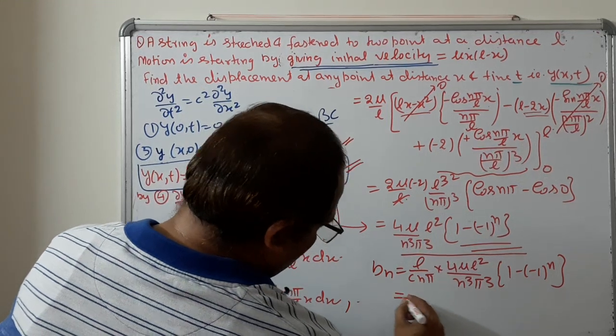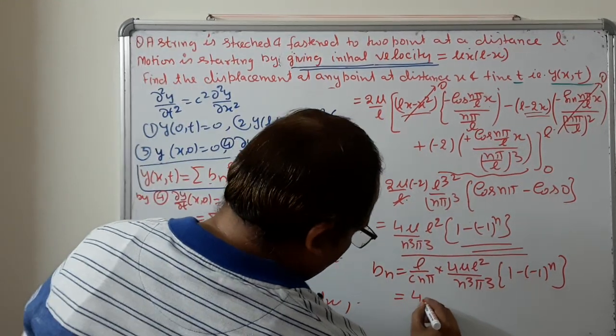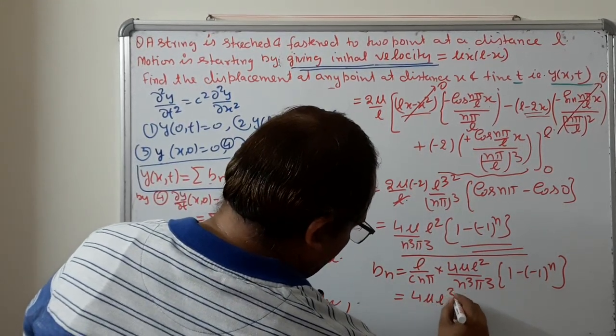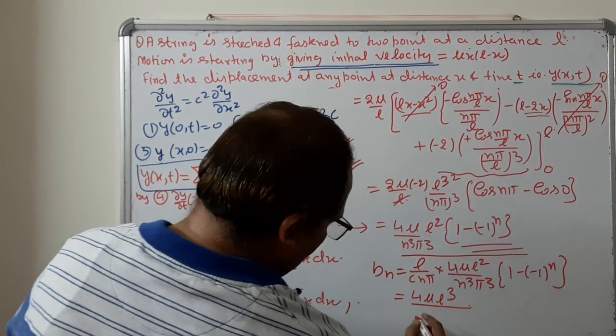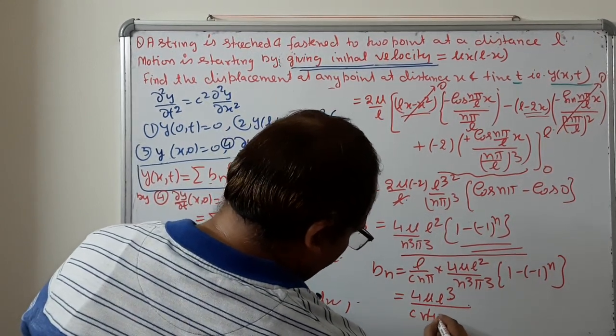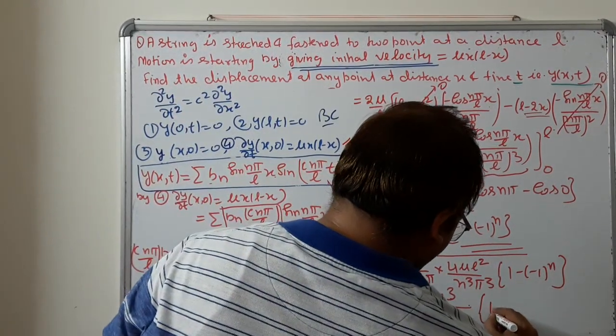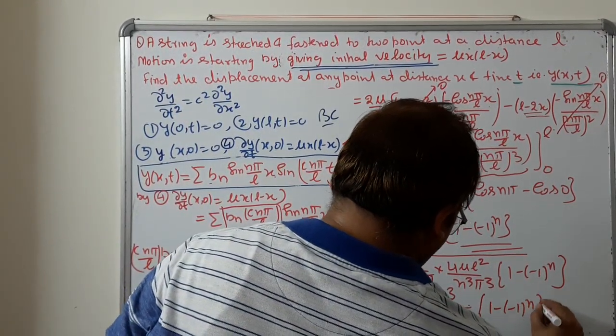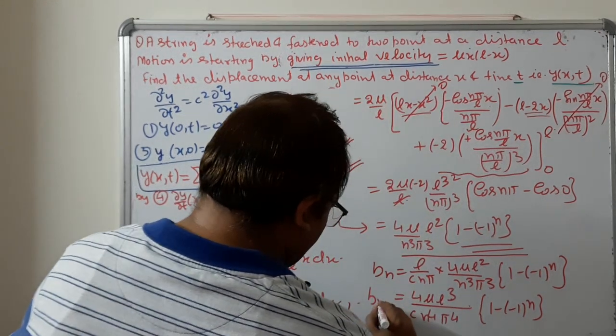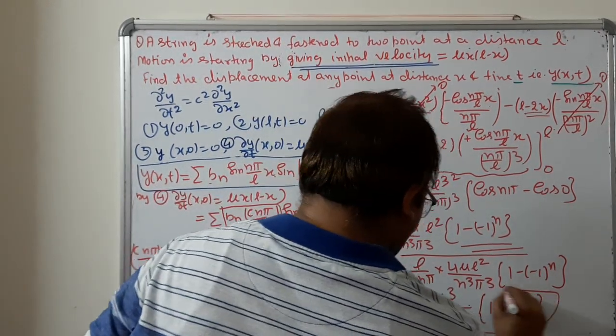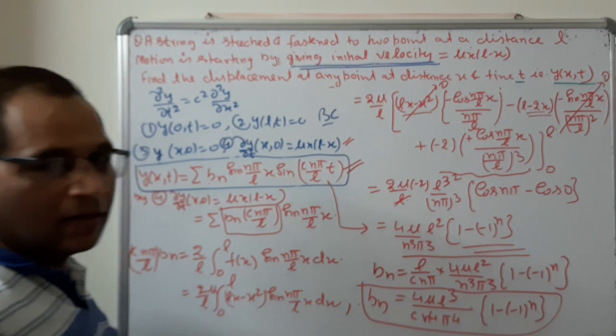This is equal to 4μL³/(C n⁴π⁴) (1 - (-1)^n). Now in this case, this is the value of Bn.